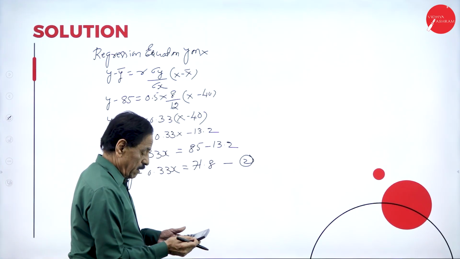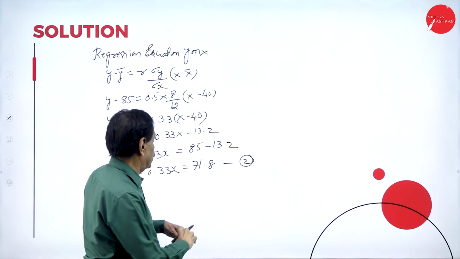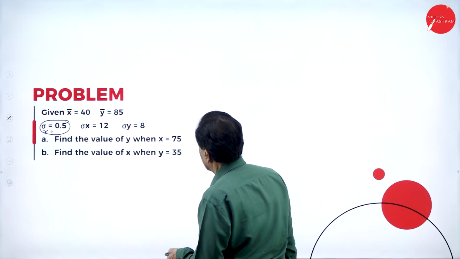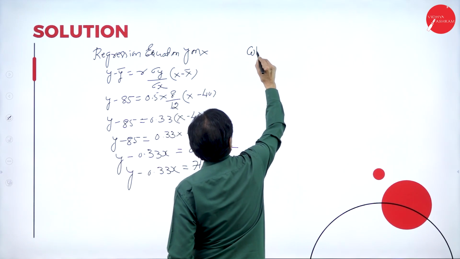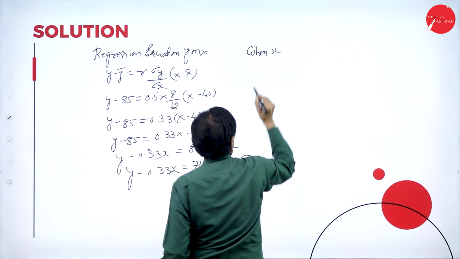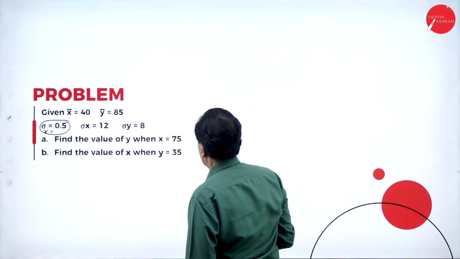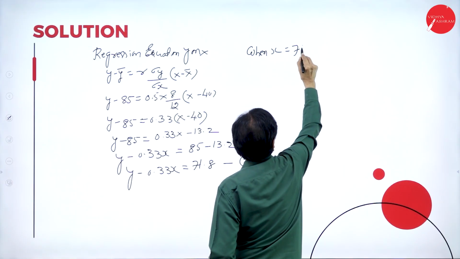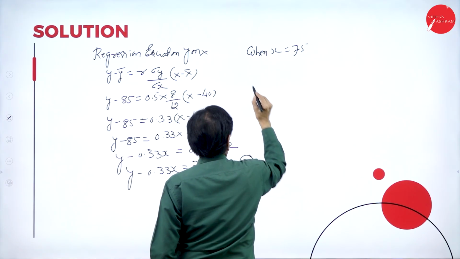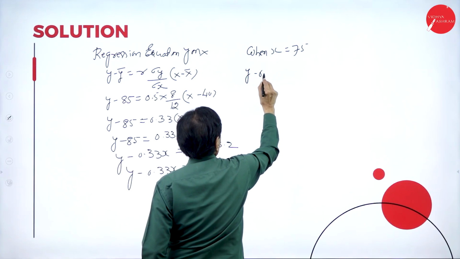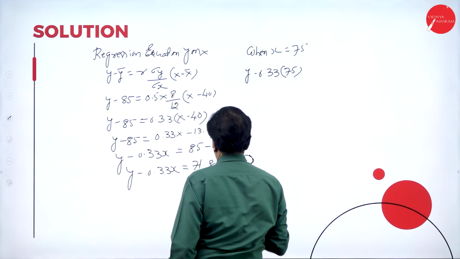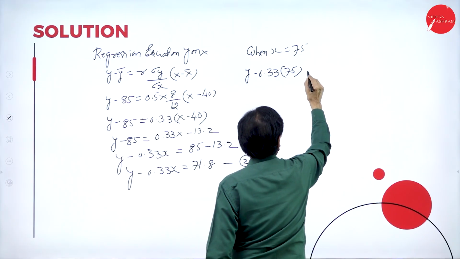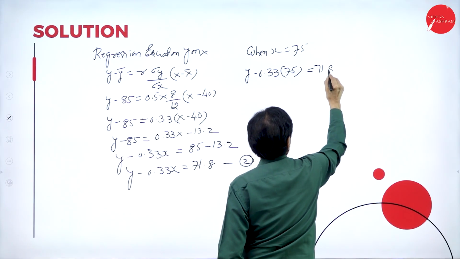Now, what's the value of x? When x is equal to 75, apply: y minus 0.33 into 75, which is 24.75, is equal to 71.8.